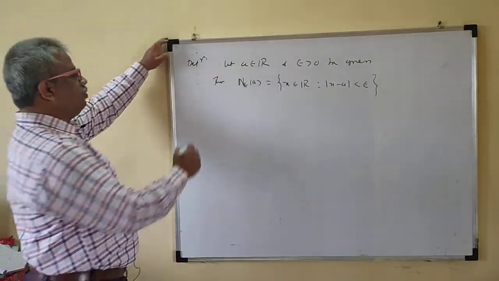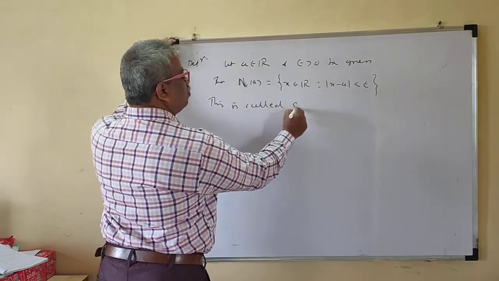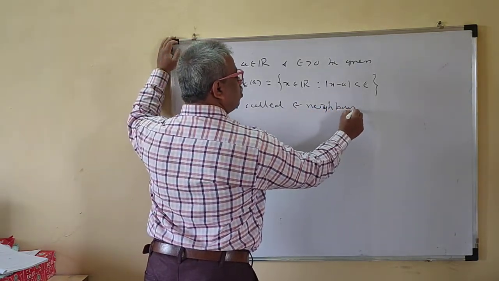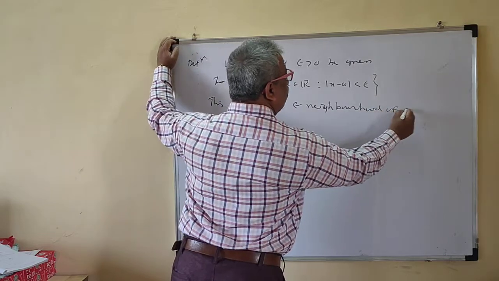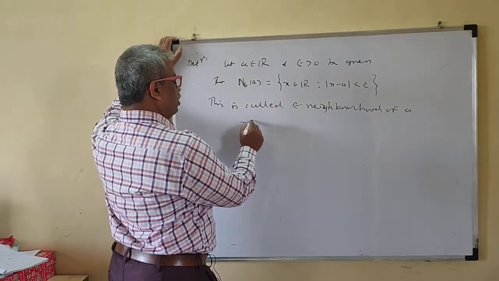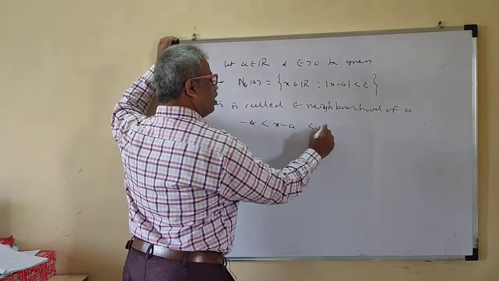This is called the epsilon neighborhood of A. So that means minus epsilon less than x minus A less than epsilon.